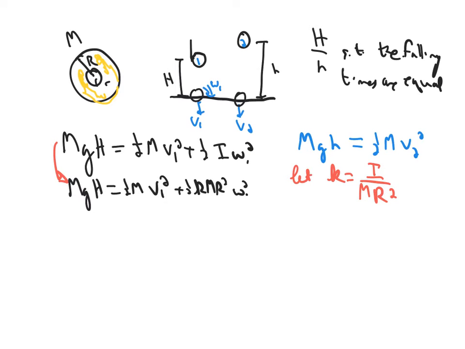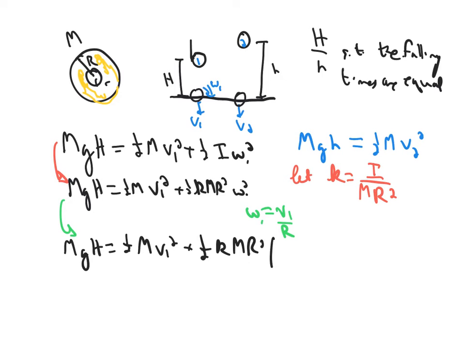And we remember, of course, that this is unrolling smoothly, so we know that omega 1 is v1 over the radius. And that allows us to say mgH is 1/2 mv1 squared plus 1/2 k mR squared times (v1 over R) squared, which is 1/2 mv1 squared plus 1/2 k m v1 squared.